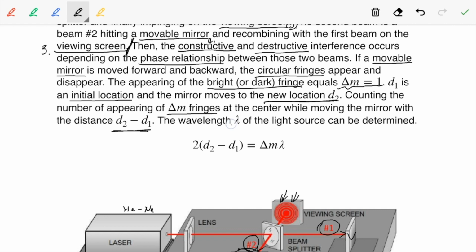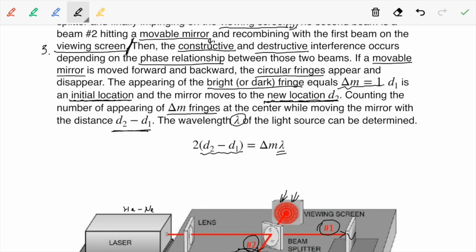Then the wavelength lambda of the light source can be determined: (d2 minus d1) times 2 equals delta m, the number of fringes, times lambda, where lambda is the wavelength of the laser.